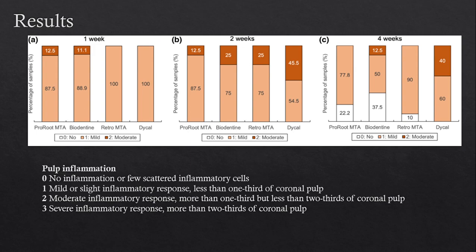We can notice that there is no score 3 inflammation, which is severe inflammation. At 4 weeks, there is no inflammation in 22.2% of ProRoot MTA, also 37.5% in Biodentine, and 10% in Retro MTA, while in the Dical there is moderate and mild inflammation.